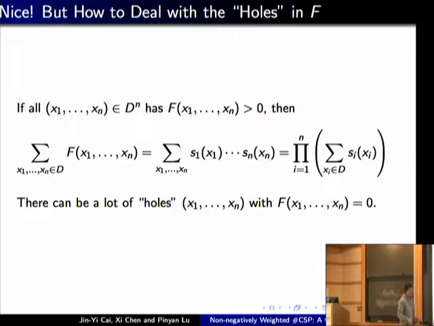And at these holes, f does not agree with what you get from the vector representation. And so you cannot do something like this. So the problem is, what do these holes look like? If they have an arbitrary underlying structure, then maybe there is nothing we can do about it. But it turns out that if your language is balanced, then these holes have very nice structures and actually allow us to do something similar to this.